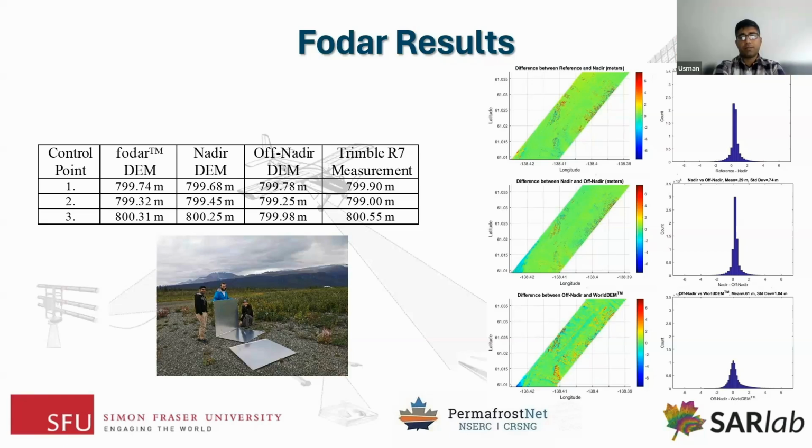Yeah. Okay. And what was the relative difference in processing time between the two approaches? So for the FODAR, generally, if you're processing the data at the highest resolution, it takes around a week to process. Whereas for the InSAR, now with the time domain back projection algorithm being implemented on the GPU, it's embarrassingly fast.